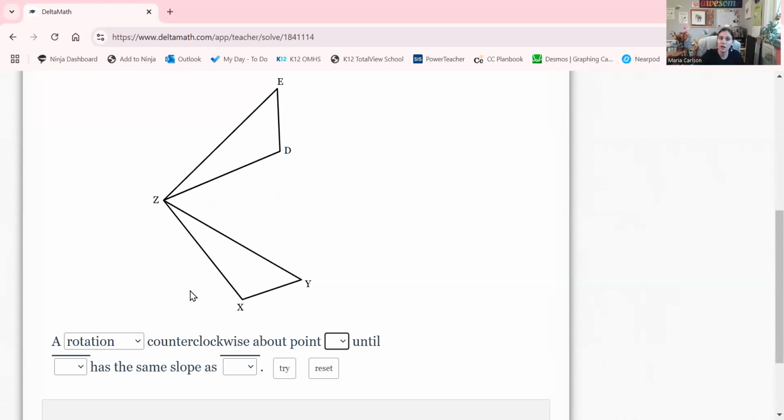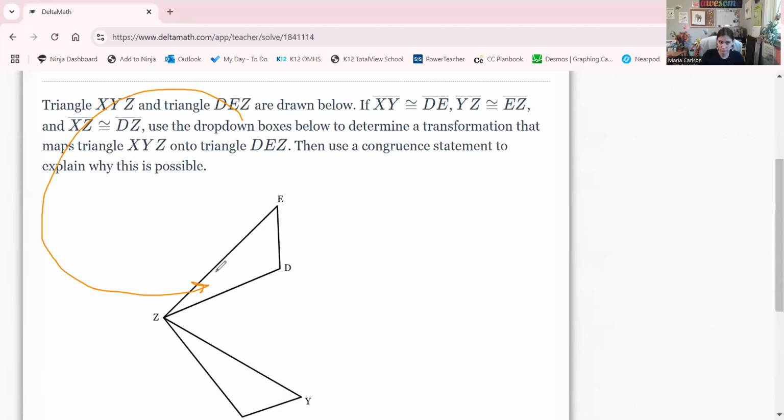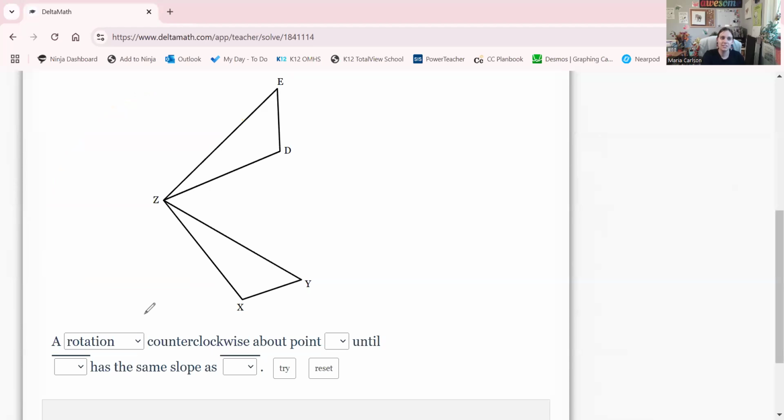And we're going counterclockwise, so oppositely how a clock spins. We want this shape to match with, wait, which one's the original? Maps XYZ onto DEZ. That's way easier. So XYZ is the original, and it's going counterclockwise.